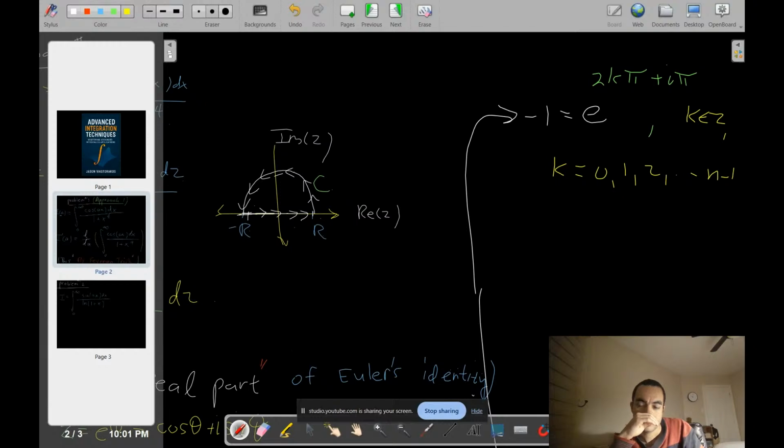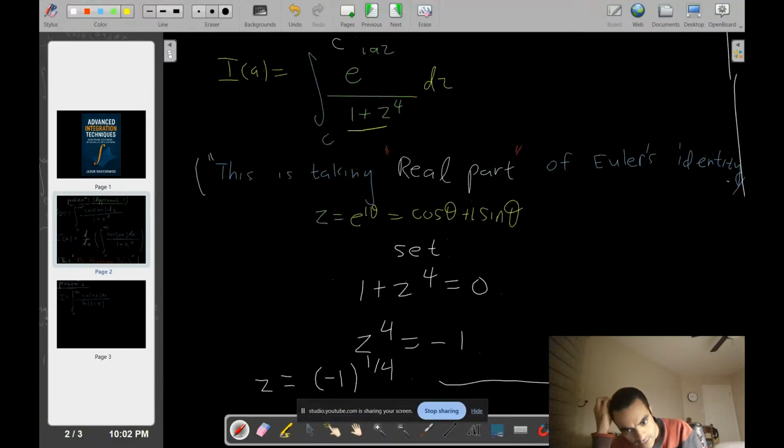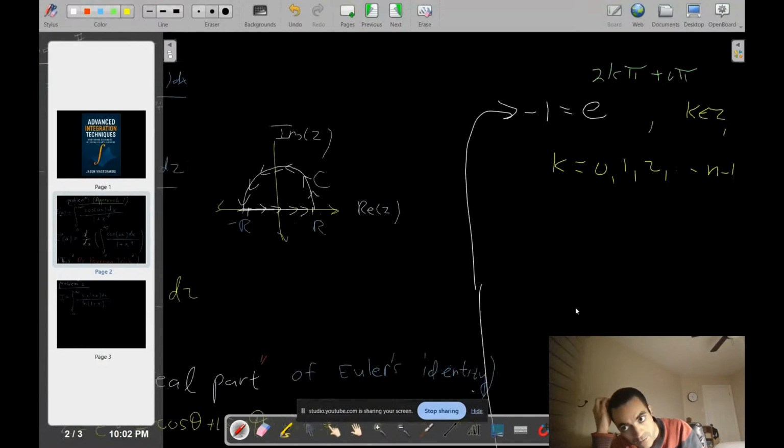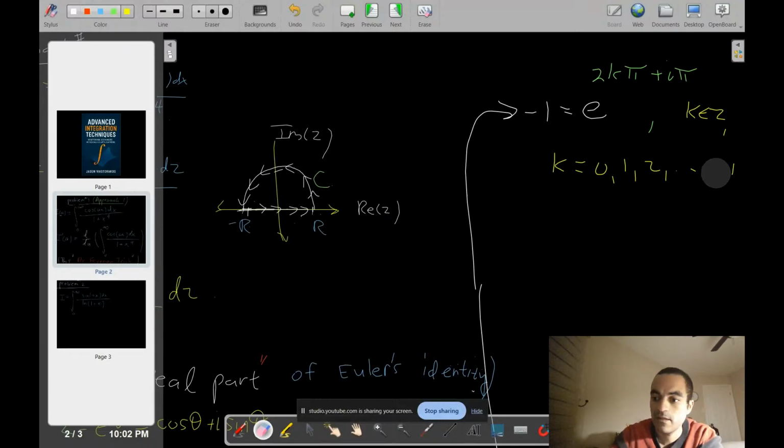Then what we need to do is evaluate for each k value from 0 to 3, because n in this case was 4, because the nth power was 4. So we have to do k equals 0, 1, 2, 3, because it's n minus 1, where n was 4. So 3.